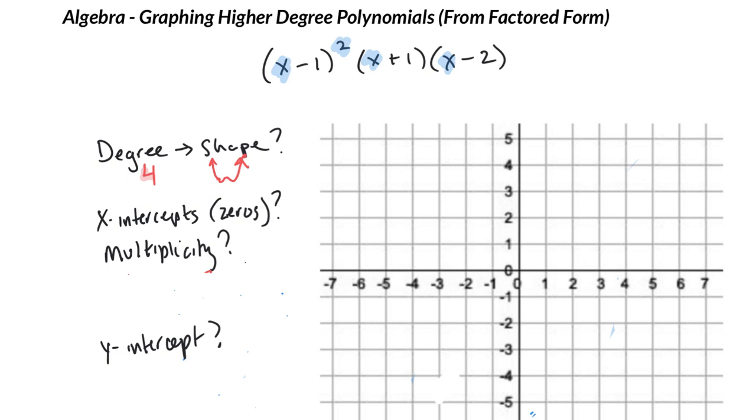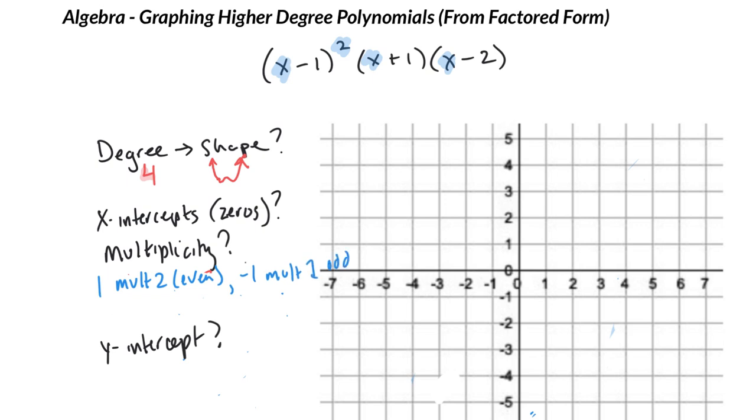The x-intercepts: what would make each factor 0? Of course, 1 would make this 0, and that's got multiplicity 2. So I'm going to write 1, and after that multiplicity 2, which is, of course, even. Next up, we've got negative 1 that we would plug in here to get 0. Because that factor is just raised to the first, that's got multiplicity 1, which is odd.